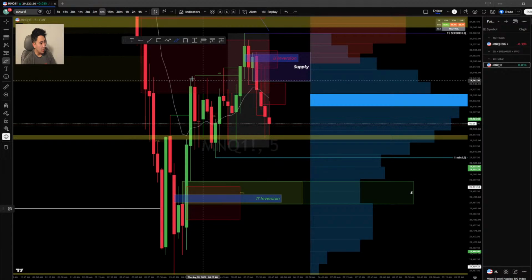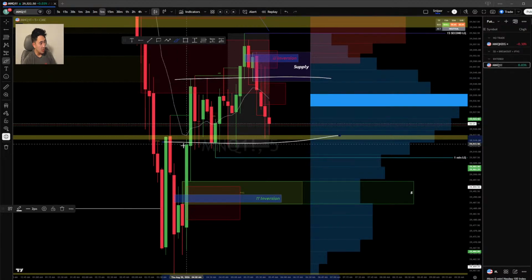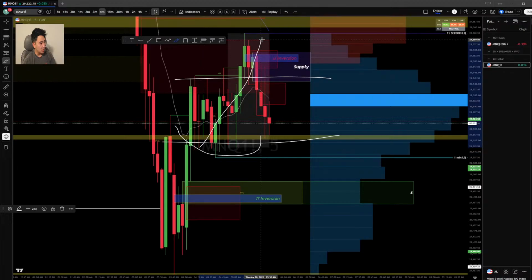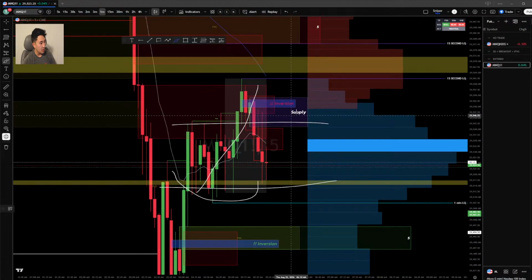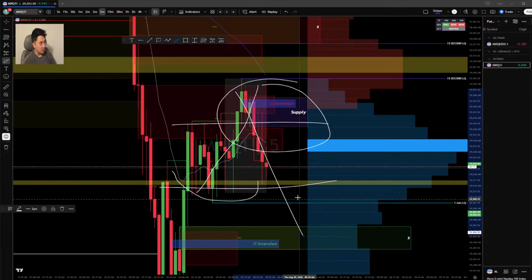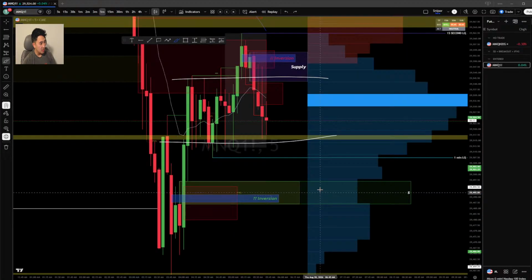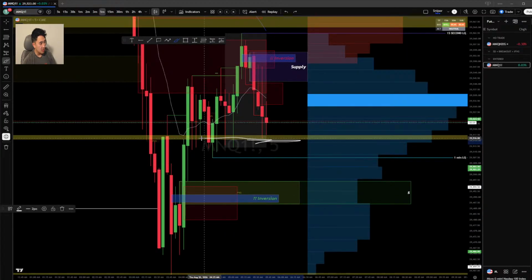Price right now is gonna consolidate in between these two areas. It retested this support zone, pushed back up, failed to continue to push up, and had a bunch of sell pressure in this area to push price back down to retest this support level right here.